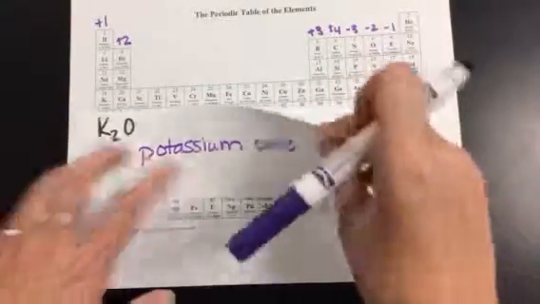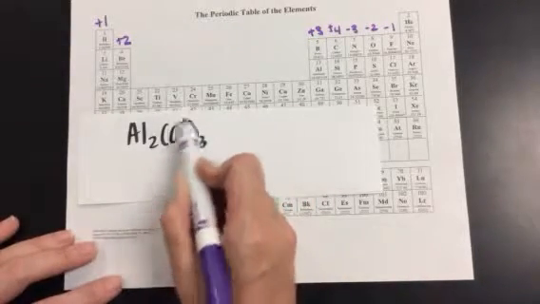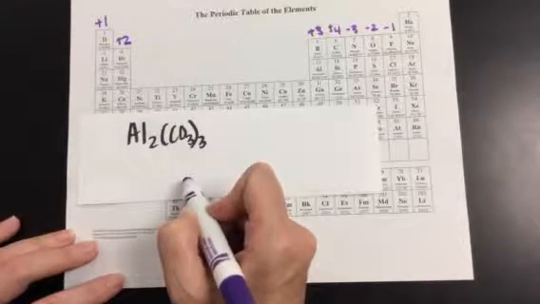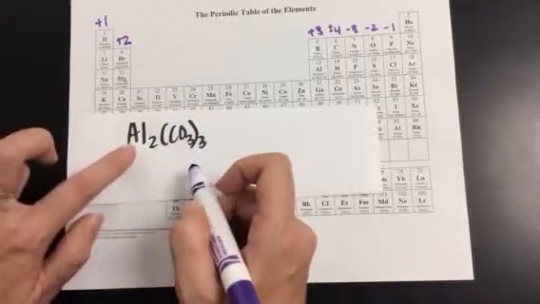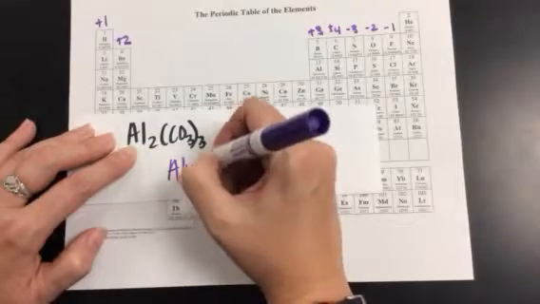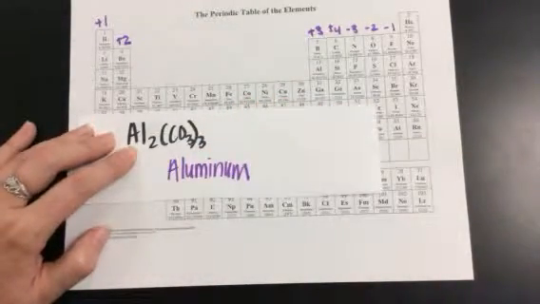Now this next one has a polyatomic ion with it. With your polyatomic ions, a lot of times we put them in parentheses to show that we have more than one of that polyatomic ion. But again, we're going to disregard all of the numbers. So Al is my cation. Al is aluminum. So I just write out the word aluminum.